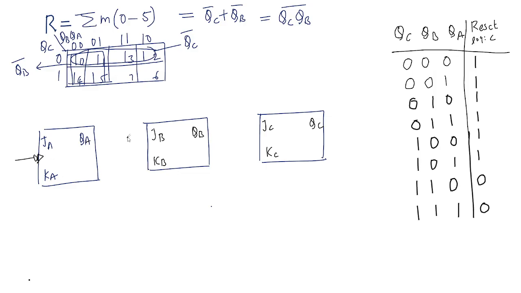If you are using negate of clock with an up counter, which one do you use as the clock? QA, no? For negate of clock, up counter, up counter. So that is QA I need to use as clock.